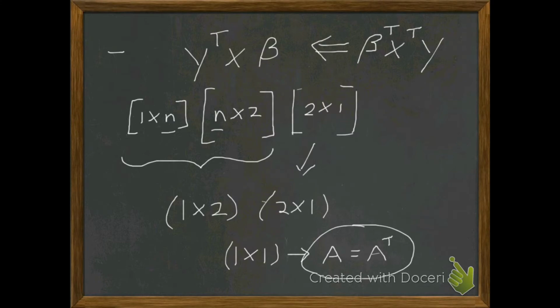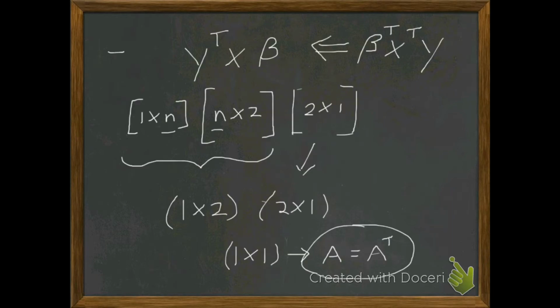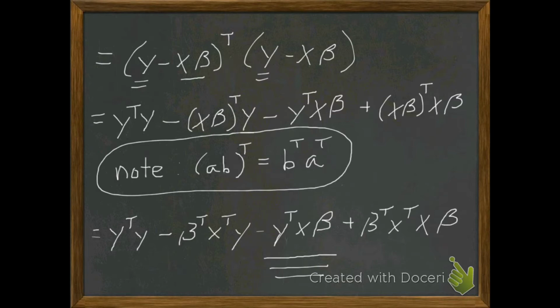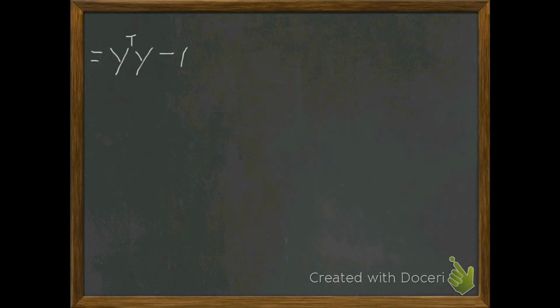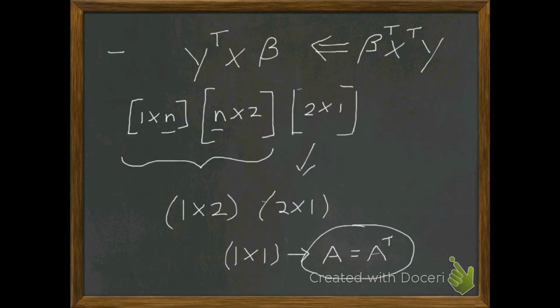So let's scoot on over here. So now we're going to have y transpose y minus beta transpose x transpose y minus, now we're going to go back over here and get what we got from all this work on this page.